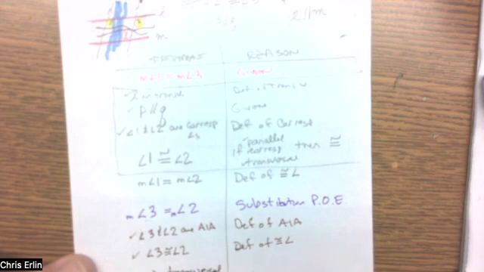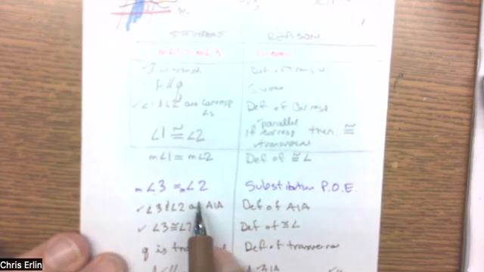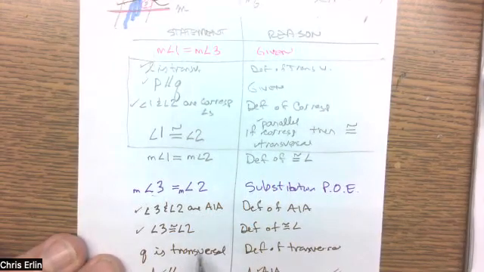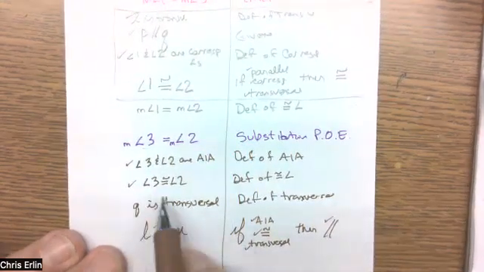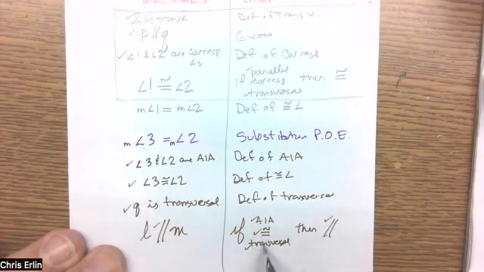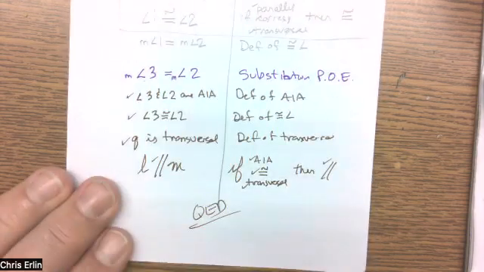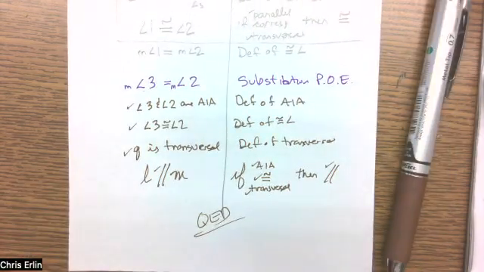What's the reason for that? Definition of transversal. Very good. If we were being sticklers, we'd probably put the transversal prior to calling them AIA, because the reason we call them AIA is because of the transversal. But now we've got all 3 facts: AIA, congruent, transversal. So we can say QED. We're done. Nicely done.